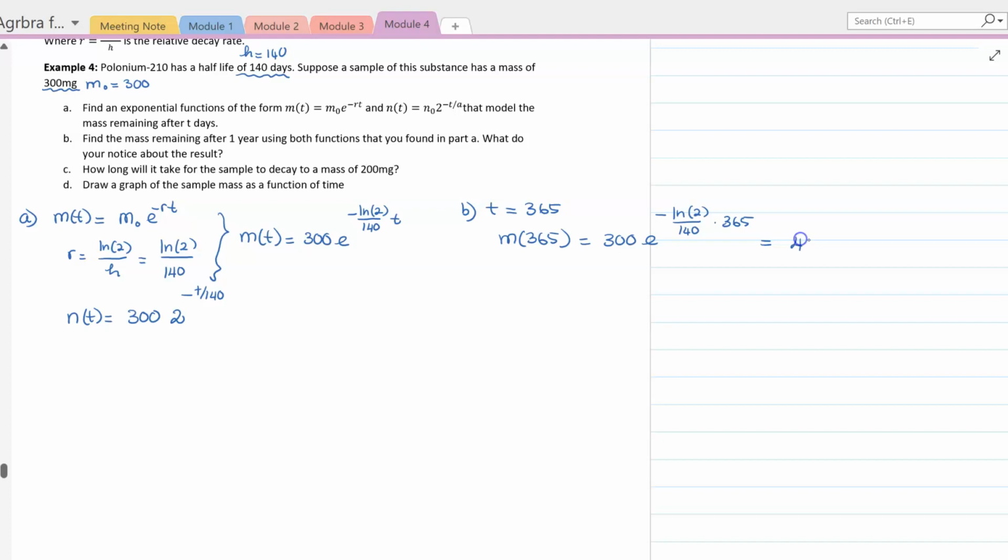So that is 49.24 milligrams left after a year.